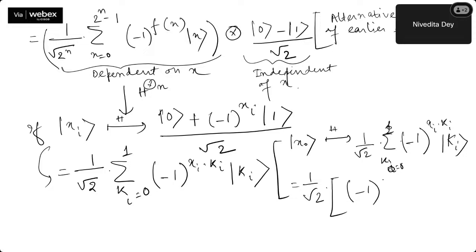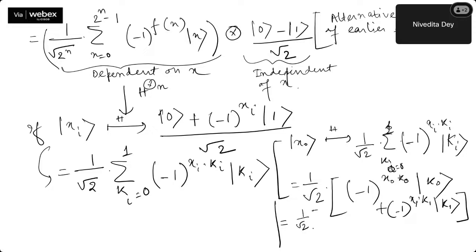That is minus 1 to the power x0 k0 times ket k0 plus minus 1 to the power x1 k1 times ket k1. I can write it down by expanding the equation. So now let me do all the computation here only.